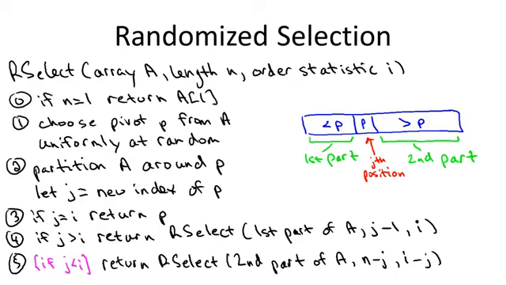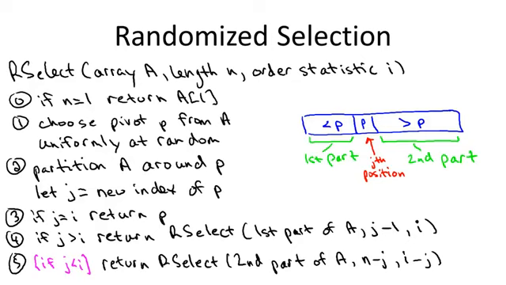So if the pivot's too big, if j is bigger than i, then we know that what we're looking for is on the left-hand side amongst the elements less than the pivot, so that's where we recurse. We've thrown out both the pivot and everything to the right of it. That leaves us with an array of j minus 1 elements, and we're still looking for the ith smallest among these j minus 1 smallest elements. And in the final case, this is what we went through in the quiz in the last video, if we choose a pivot that's smaller than what we're looking for, that's when j is less than i, then it means we're safe to throw out the pivot and everything less than it.